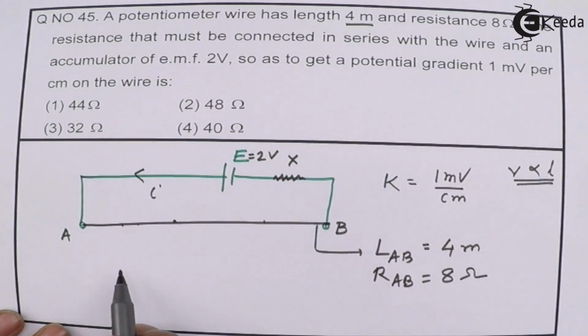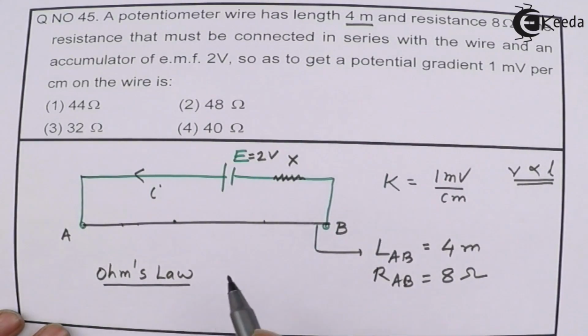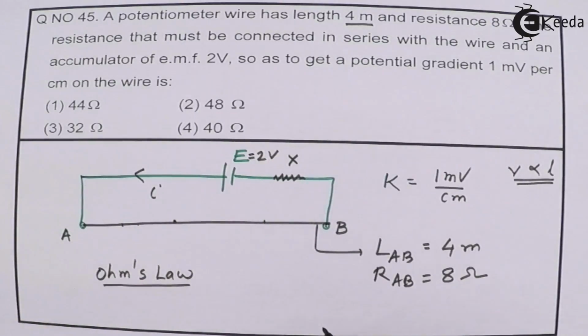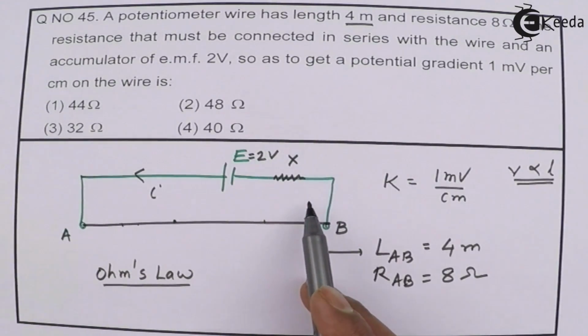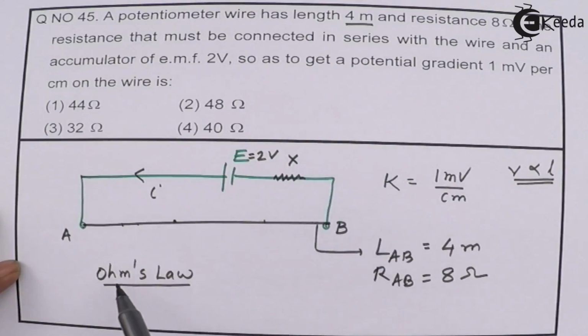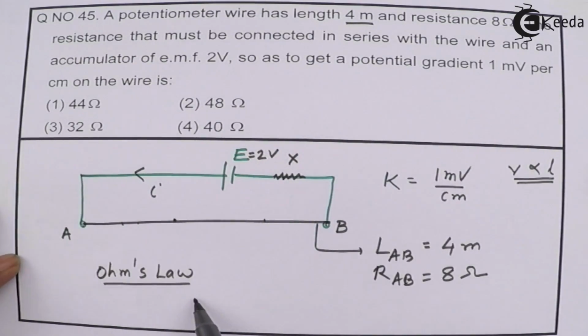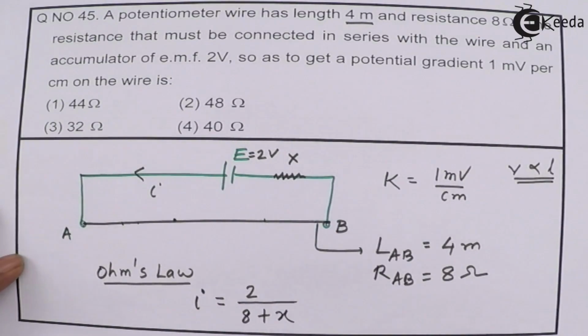So by Ohm's law, you can also apply Kirchhoff's voltage law. This is a very simple circuit. So I apply Ohm's law, that the main current in the circuit is the EMF that is applied, that is 2 volt, divided by the total resistance, that is 8 plus X.